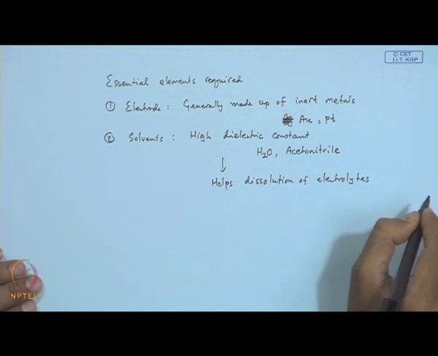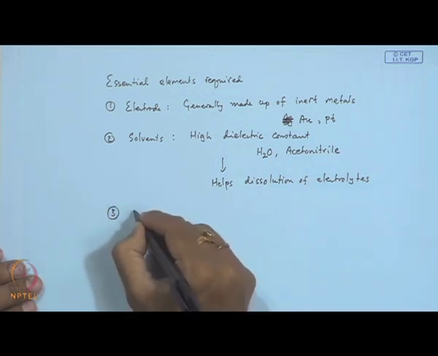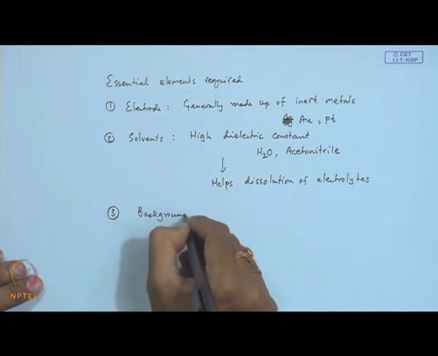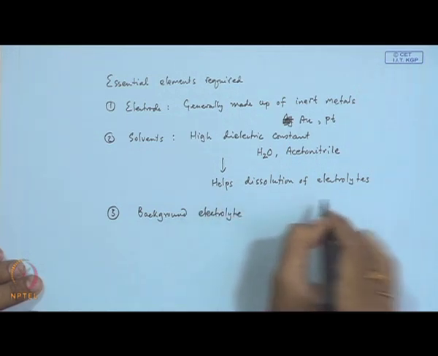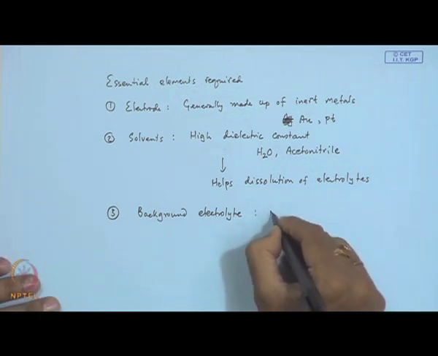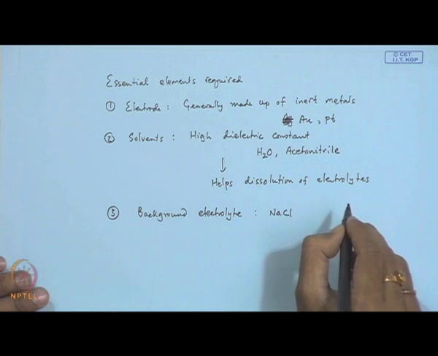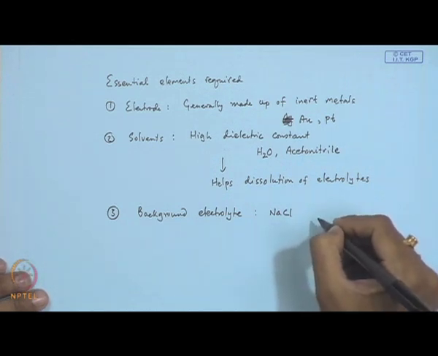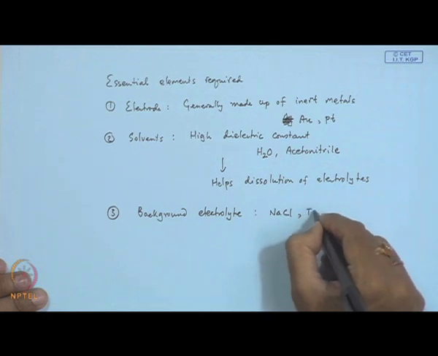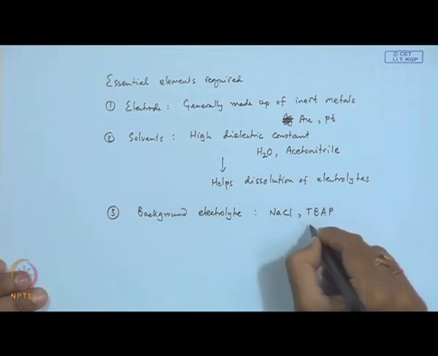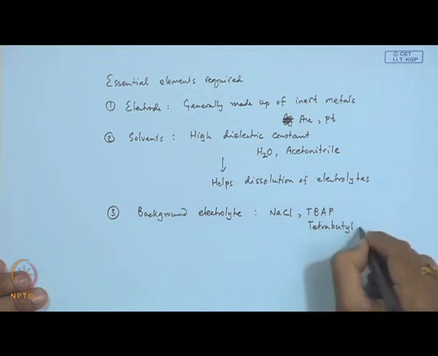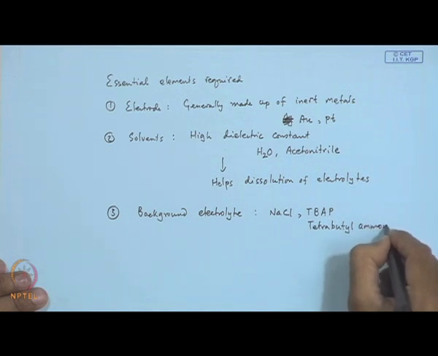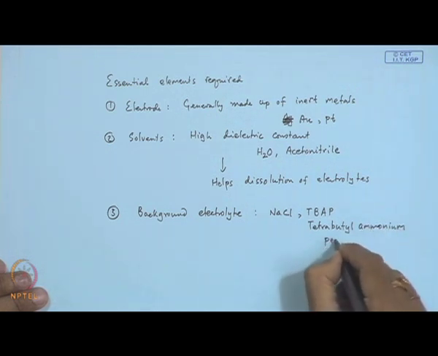Then a background electrolyte is needed, generally electrochemically inert, like NaCl or TBAP, tetrabutyl ammonium perchlorate.